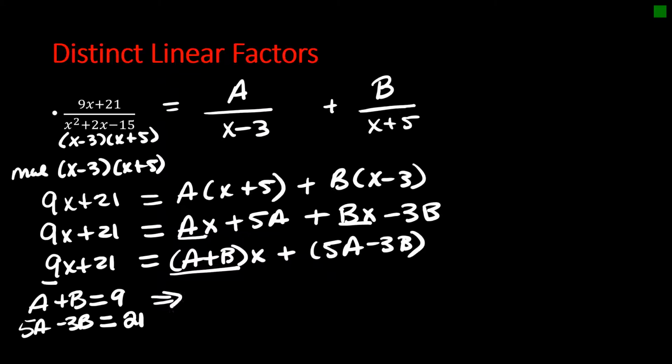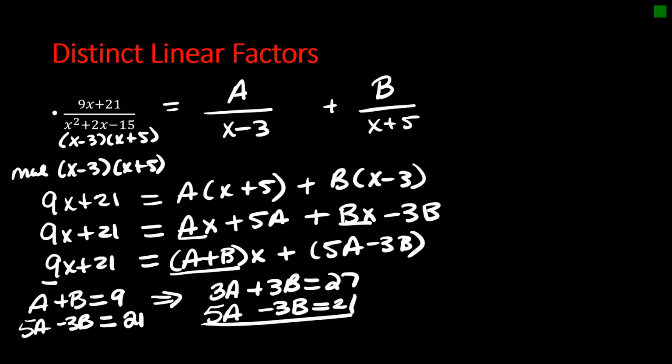And we need to solve this system. Now you can go back and look at prior lectures on solving by substitution or by elimination. I'm going to use elimination here. I'm going to eliminate the B, so I'm going to multiply A plus B equals 9 by 3. And I'll get 3A plus 3B equals 27. And I'm just going to copy my 5A minus 3B equals 21.